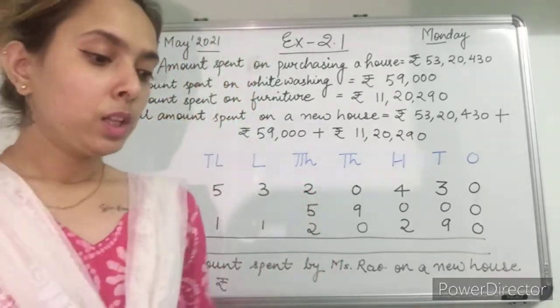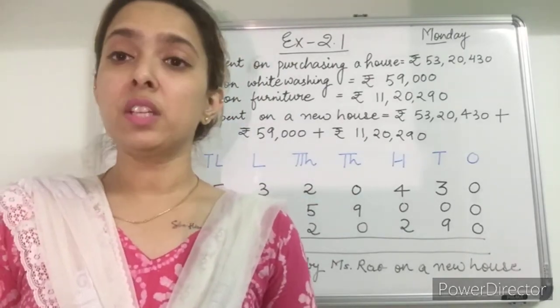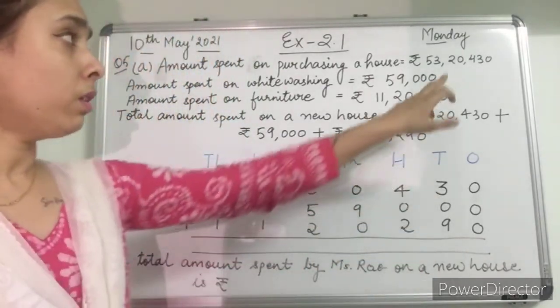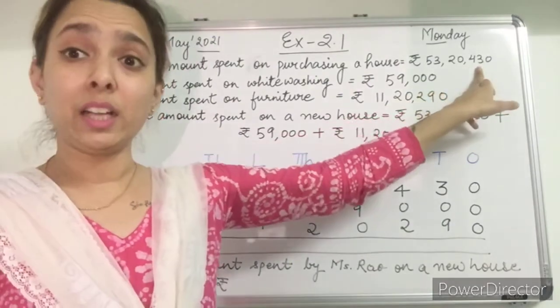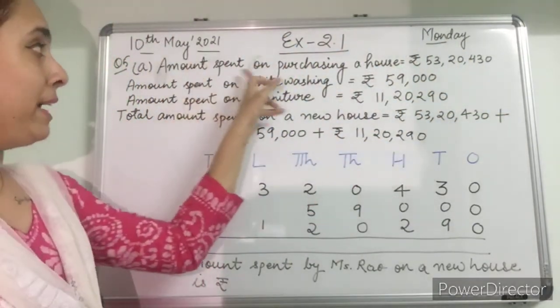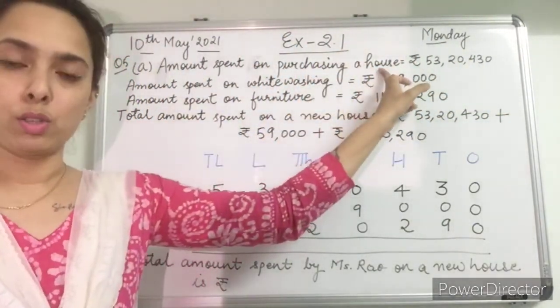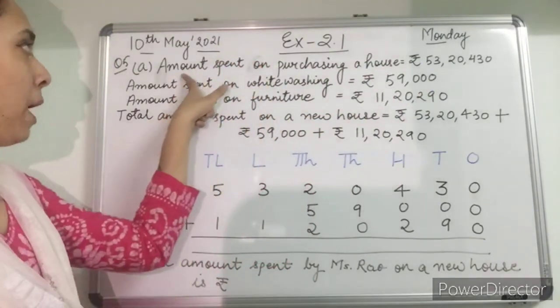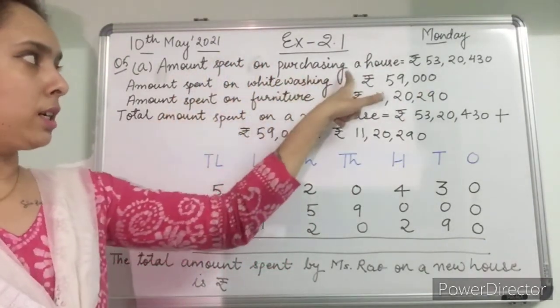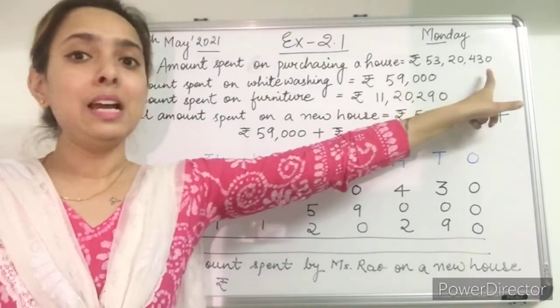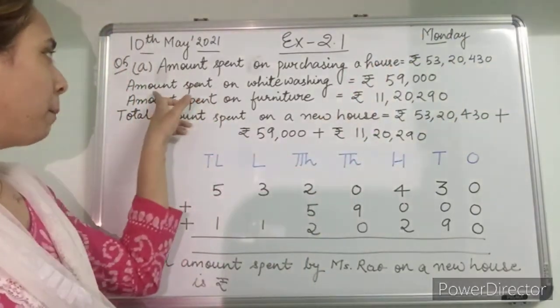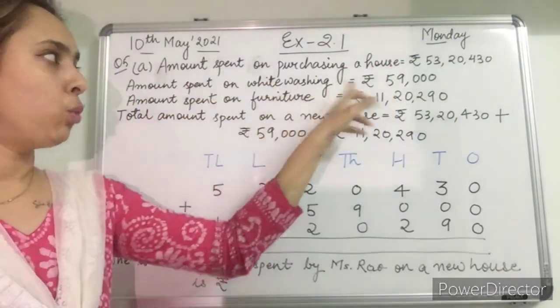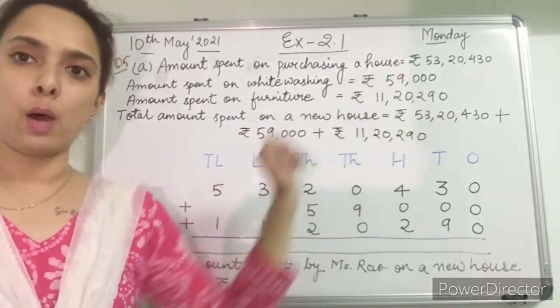So here the first amount is 53 lakhs 20,430, which was spent on purchasing a house. I have written the statement: amount spent on purchasing a house is equal to rupees this. Next is amount spent on whitewashing, rupees 59,000.